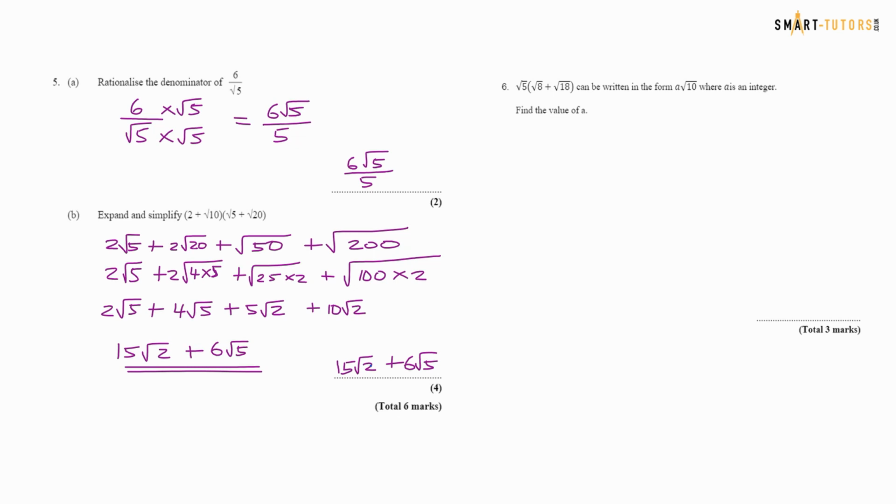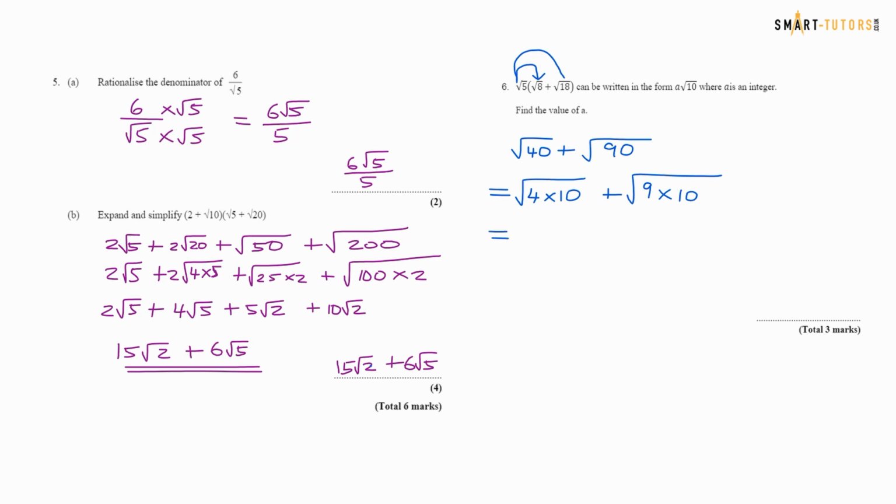Question number 6. Root 5 times root 8 is root 40, plus root 5 times root 18, root 90. For the square root of 40, the nearest square number is 4 times 10, and the square root of 90 can be written as 9 times 10.